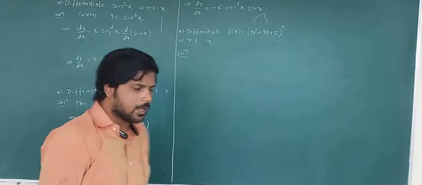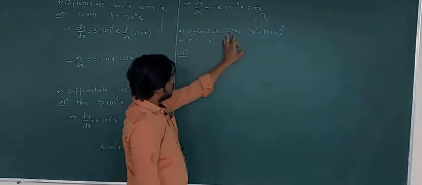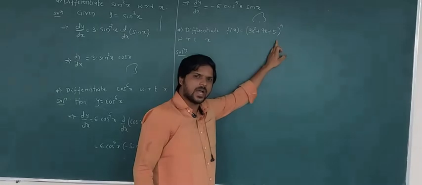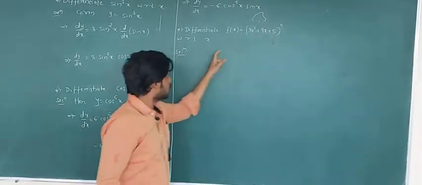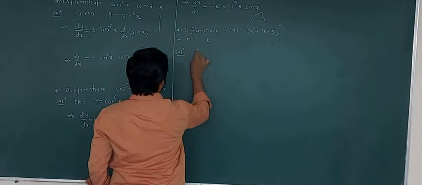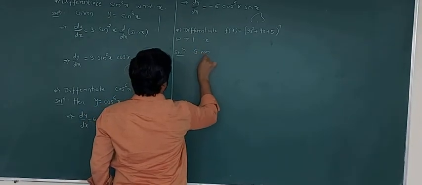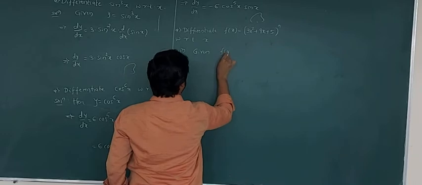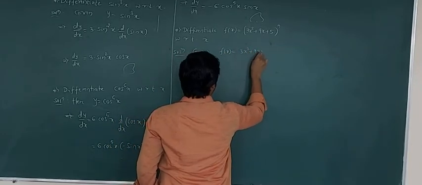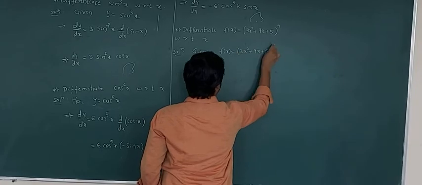So next example, differentiate f of x equal to 3x square plus 9x plus 5 whole to the power 9 with respect to x. Here we have given f of x equal to 3x square plus 9x plus 5 whole to the power 9.